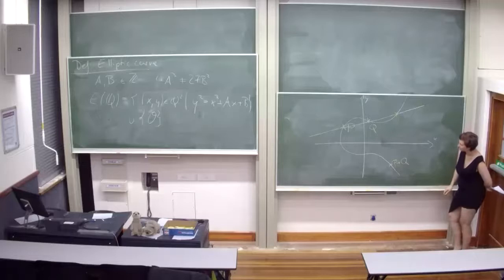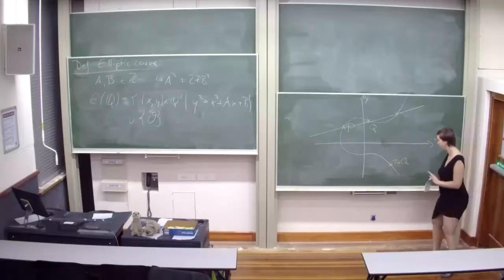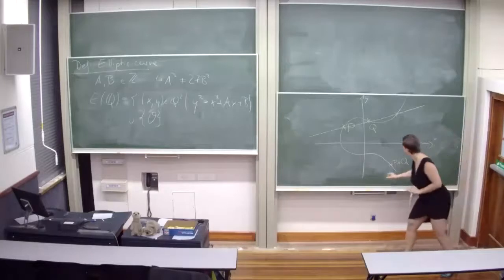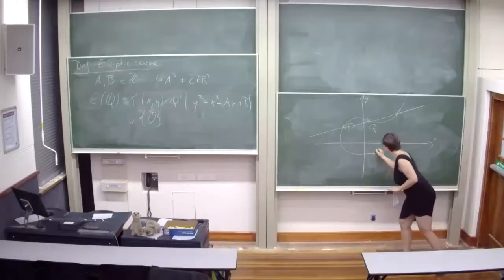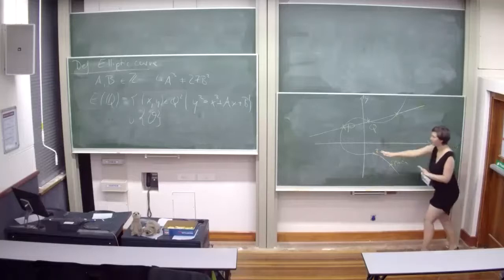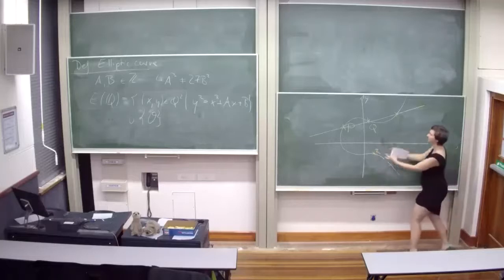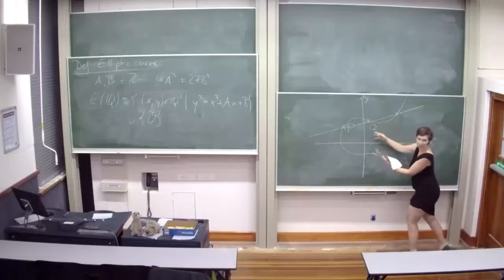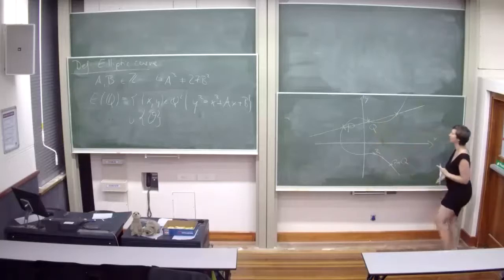Okay, what else can we do? We can add a point to itself. So we take another third point. We take this one. I have to think about which point I take because this picture should not be too complicated in the end. So I take this point.